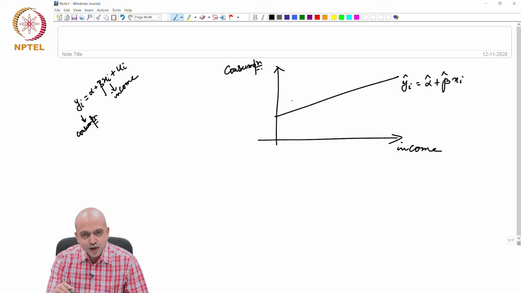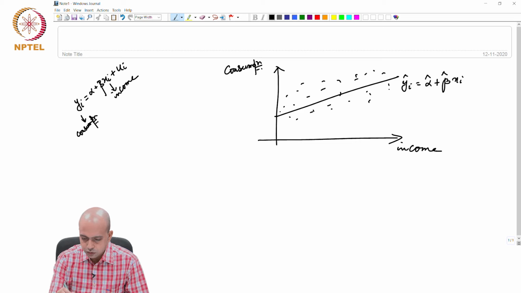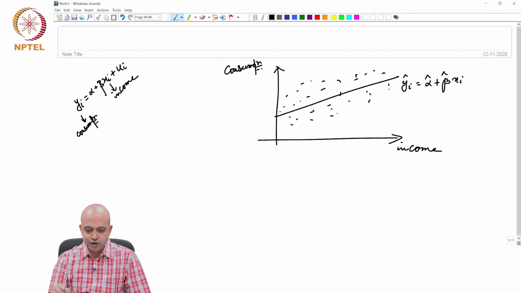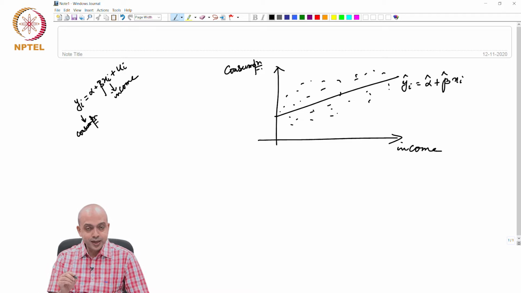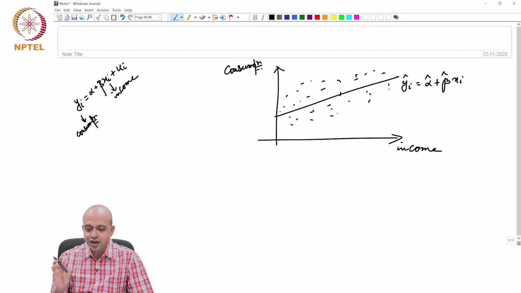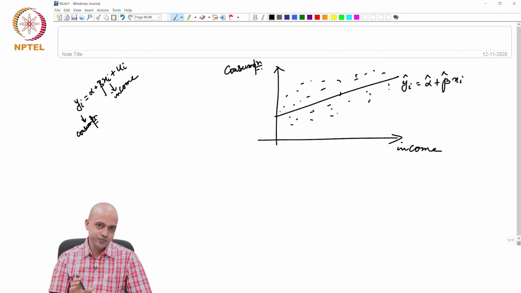Now, this estimated regression line basically represents the data, the scatter plot. So, you are trying to represent the raw data with the help of this regression line, fitting a line to represent the data you have in your hand.